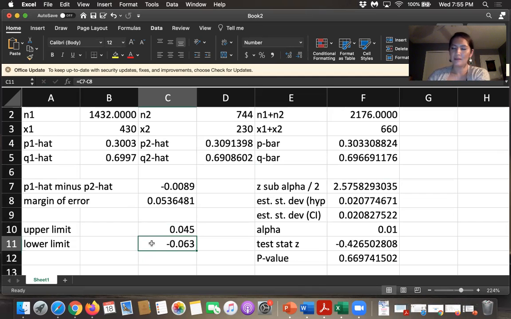So the lower limit is approximately negative 0.063, and the upper limit is approximately 0.045. And my margin of error, according to this, is approximately 0.054. And we've already computed our P1 hat minus P2 hat.